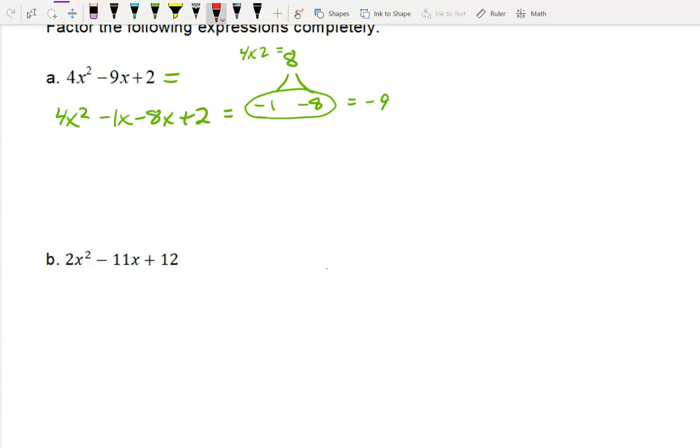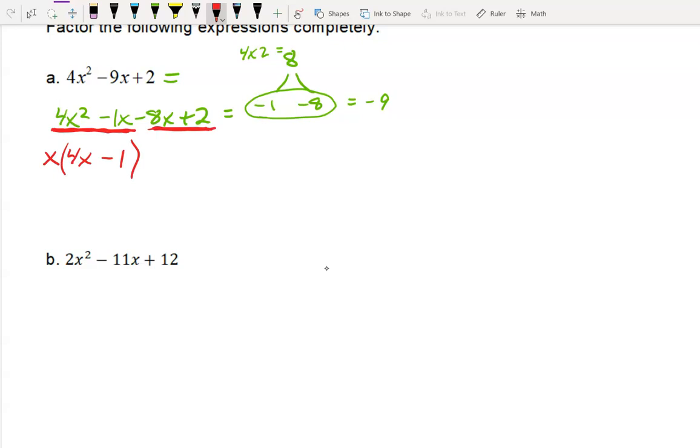Okay, and then it's also called grouping because now we're going to group the first two and the second two. And we're going to take out what's called the greatest common factor. What is the greatest common factor from the first two terms? Do you see how there's only an x that I could take out? And if I divide by x, I'm going to be left with 4x minus 1. Okay, and now let's go to the second group.